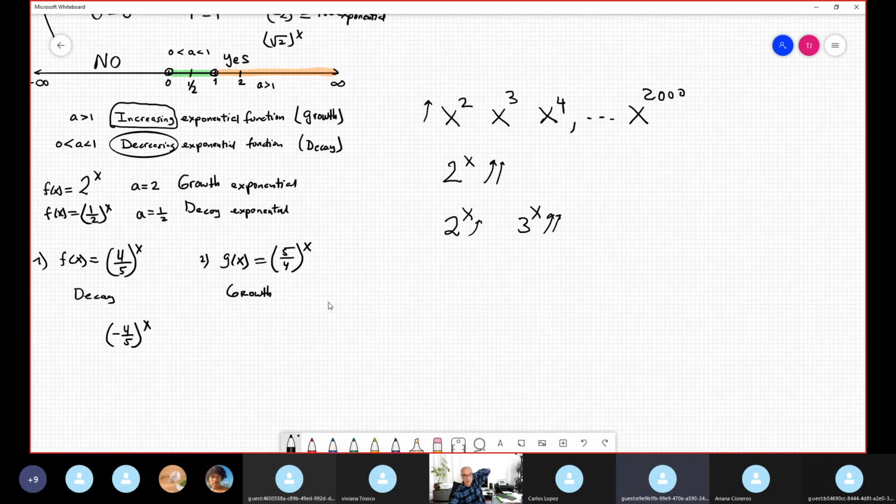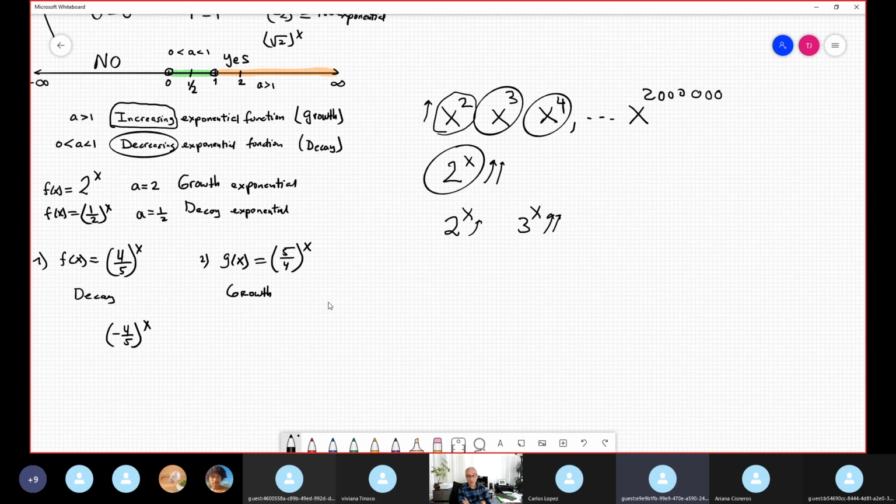However, compare the exponential and any power function. It doesn't matter if it's x to the second, or x to the third, or x to the fourth, or x to the 2,000, or 2 million. To illustrate this idea, a classical example, very contemporary with the situation we are living in the world, is the pandemic.